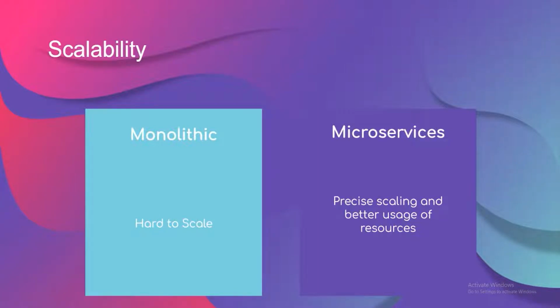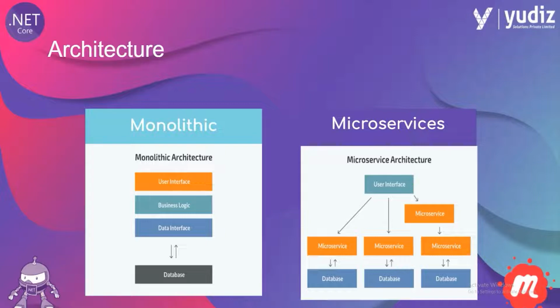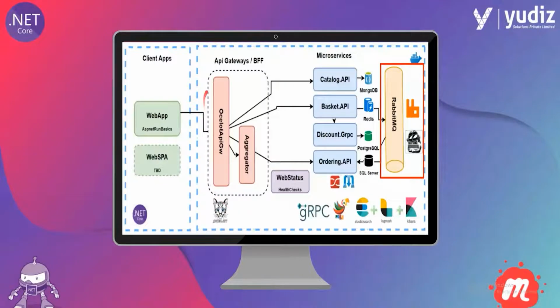Okay. Can you go to the previous slide? Yes. So here is the architecture, my microservice architecture. This is the microservice design pattern. It means we can divide our functionality into different services.